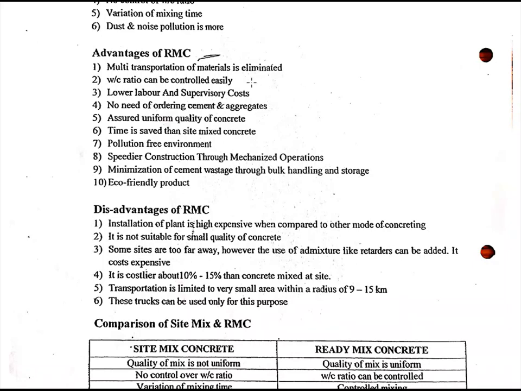The next one is the water cement ratio can be controlled according to the design mix. We can actually control the water cement ratio, as well as lower labor and supervisory costs. No need for ordering the materials. Uniform quality of concrete.